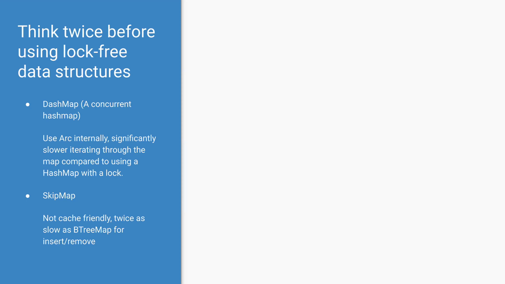And the second data structure is a skip map. We found that it is twice as slow as a B-tree map when it comes to single insertion and removal operations. This performance difference is primarily due to the fact that skip map is less cache friendly in comparison to a B-tree map.